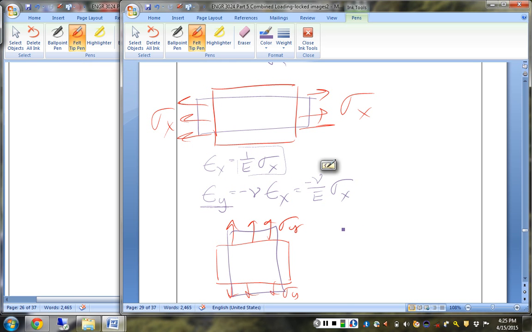I get some strain in the y direction that is 1 over the modulus times the stress in the y direction. That's my plain old vanilla Hooke's law. And my strain in the x direction, because of the y loading, is the negative of Poisson's ratio times the strain in y, or minus nu over E sigma y.